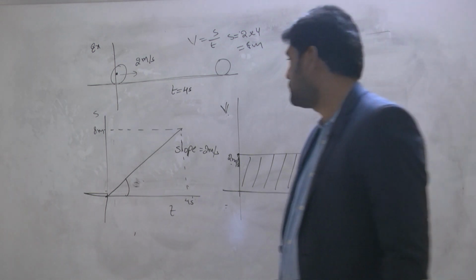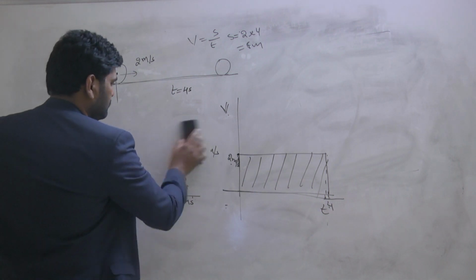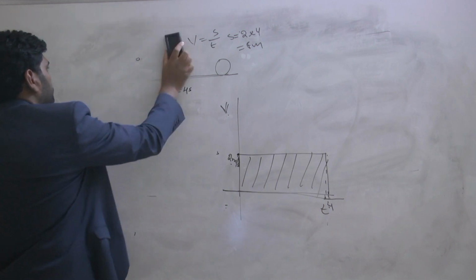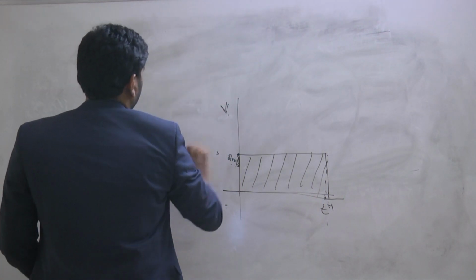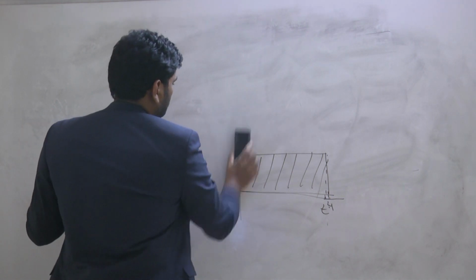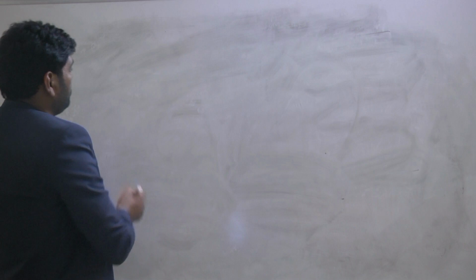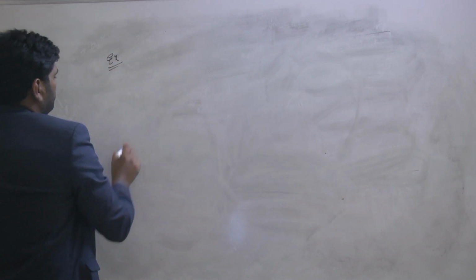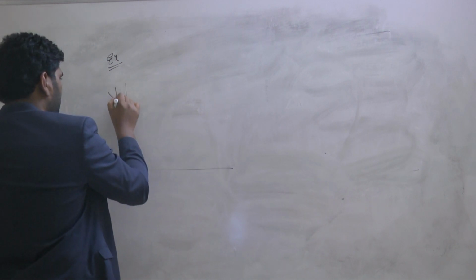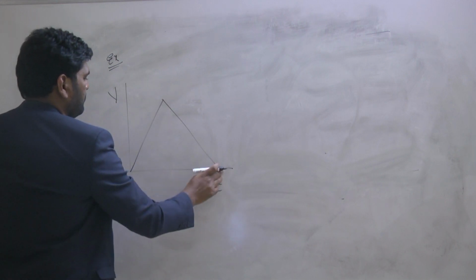I'll give one more question to you. This is one more example. This is a speed versus time graph, shown this way.